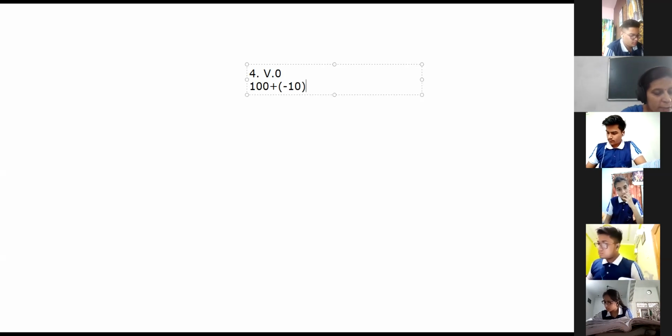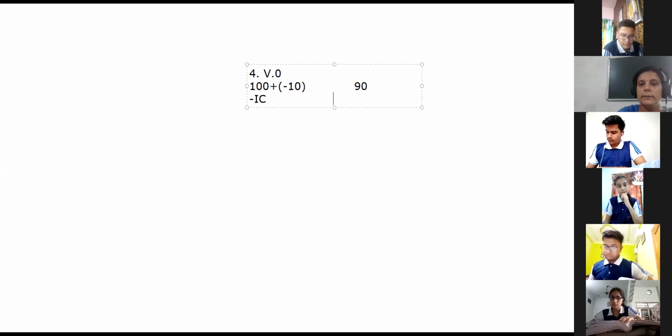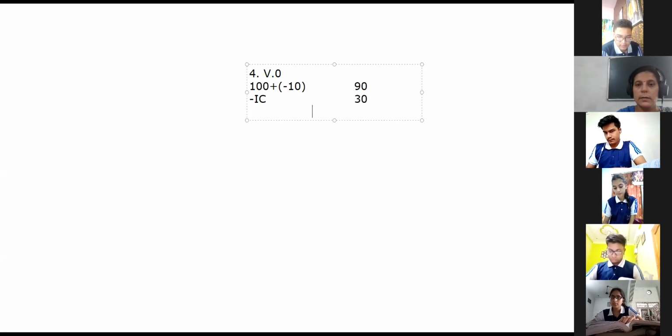Change in stock is closing minus opening. 10 minus 20 is minus 10, and this will come out as 90 as value of output, minus intermediate consumption, that is given as 30. And now you will get this GVA at MP. This comes out as 60.